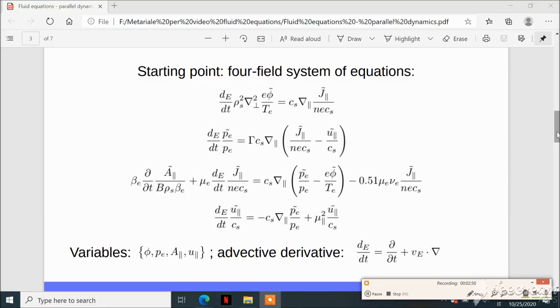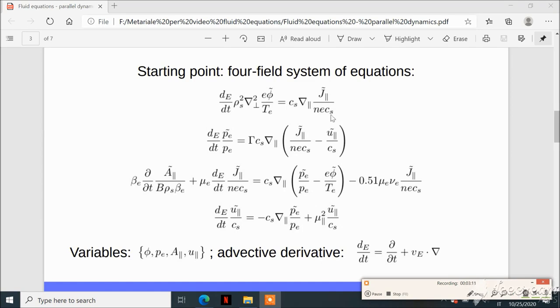Basically, this is a system of four differential equations for four quantities. The variables are reported here: the electrostatic potential phi, the electron pressure, the parallel component of the vector potential A, and the parallel plasma velocity.